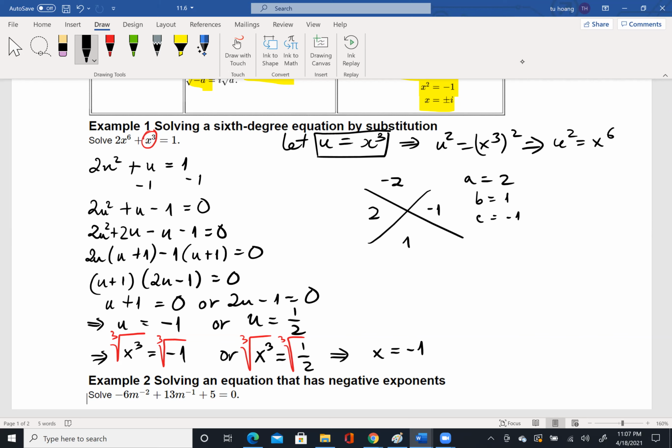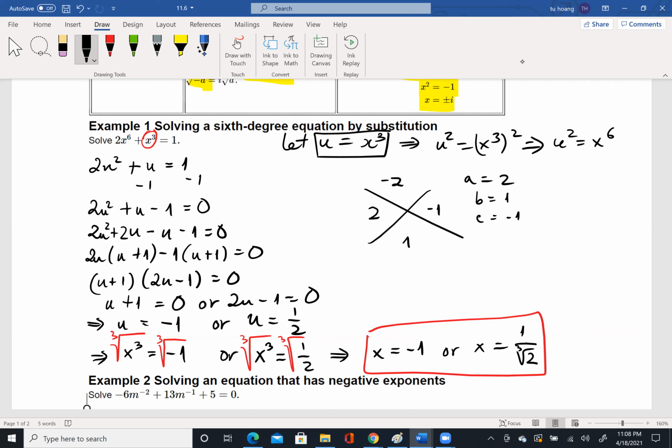And the second case is going to give me x equal to 1 over the cube root of 2. Okay, so this is the solution.